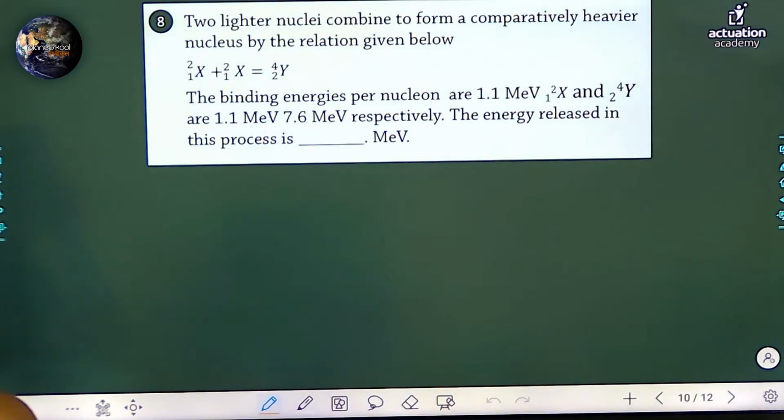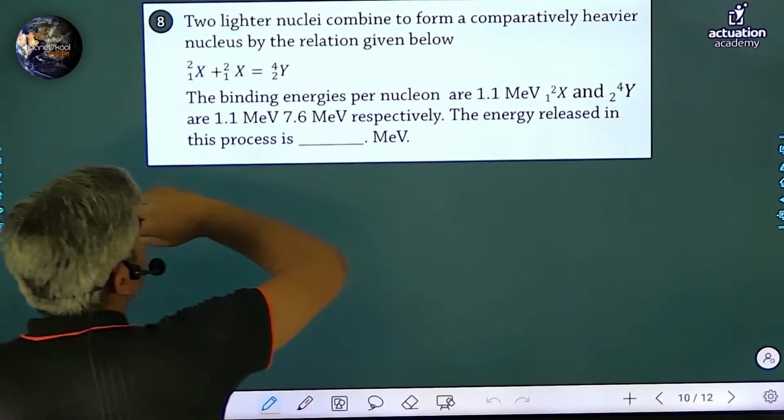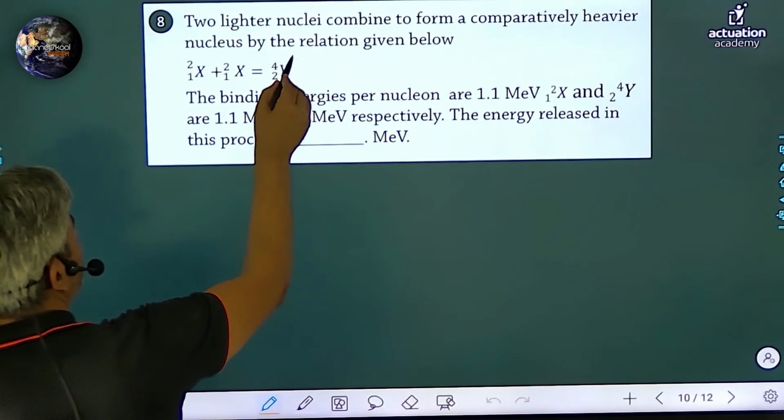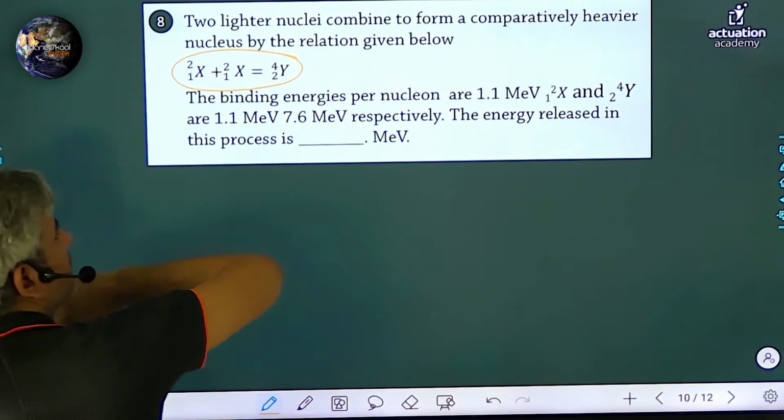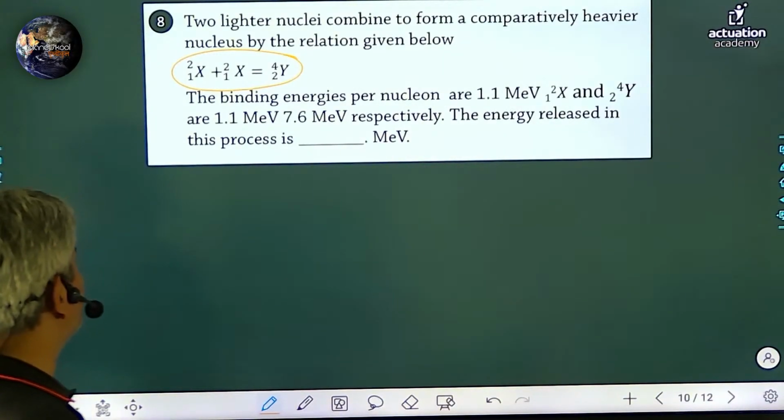Now number 8. Two lighter nuclei combine to form a comparatively heavier nucleus by the relation shown below. So there is a nuclear reaction taking place, and two lighter nuclei are combining together and forming a heavier nucleus.